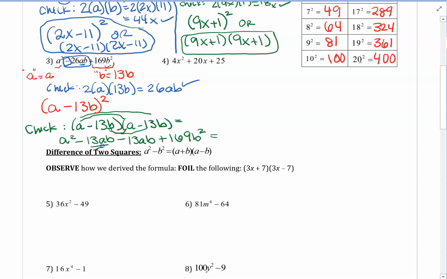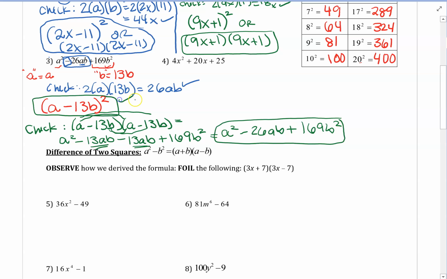Now when I combine those middle terms, I do in fact get a negative 26ab, and I did have an a squared in the beginning and a 169b squared at the end, so it looks like that answer here was correct. So you can always check your factoring answers by multiplying them out, FOILing them out, and seeing if they give you the original problem.